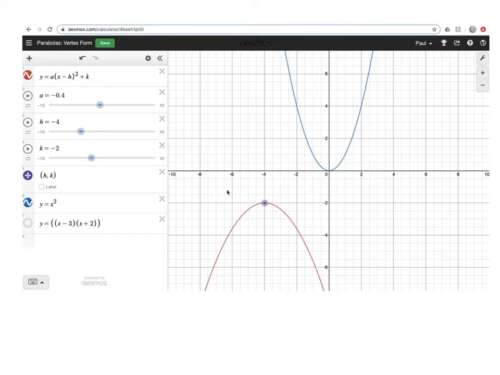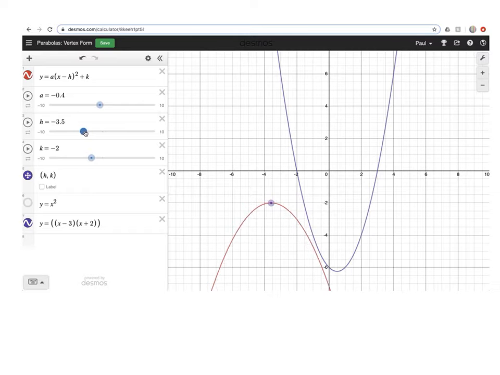Now, any parabola can be written in vertex form. So here I have the graph y equals x minus 3 times x plus 2. So the vertex here should be the average of my x-intercepts. So minus 2 add 3 is 1, divided by 2 is a half.